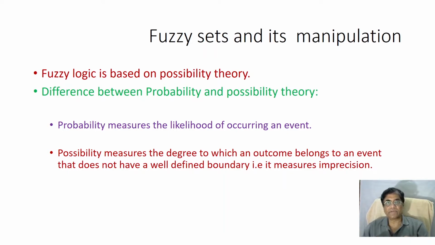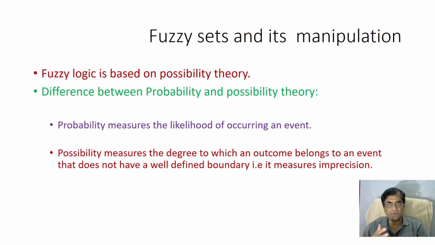Based on that, we are trying to predict our outcome. That is, it is measuring the likelihood of an event occurring. Whereas possibility measures the degree to which the outcome belongs to an event that does not have a well-defined boundary. That is, it tries to measure imprecision.